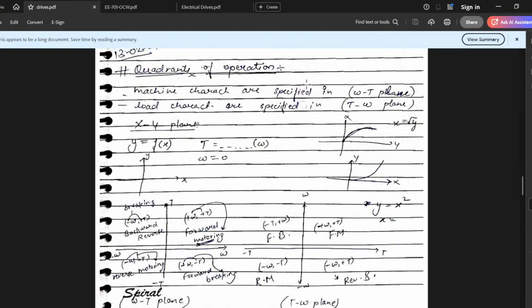Machine characteristics are speed torque and load characteristics are in torque speed plane. X to Y plane, Y equals f(x).